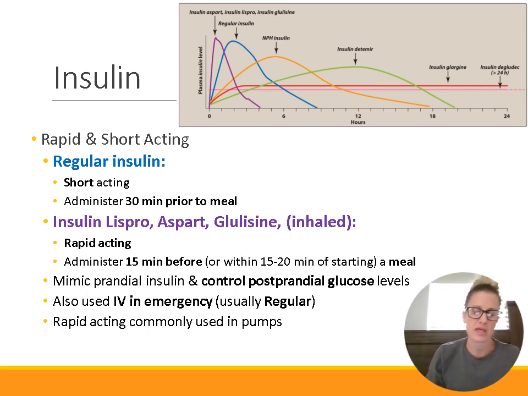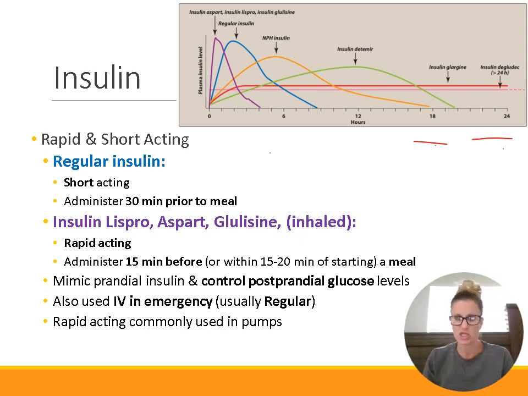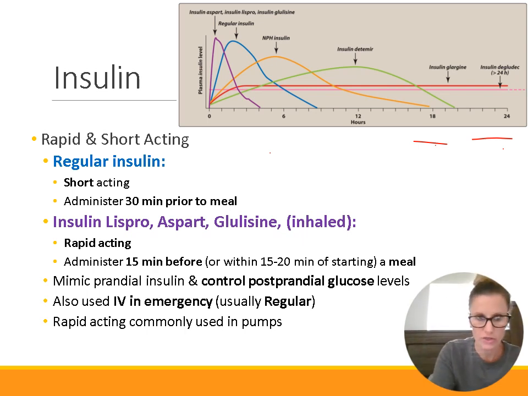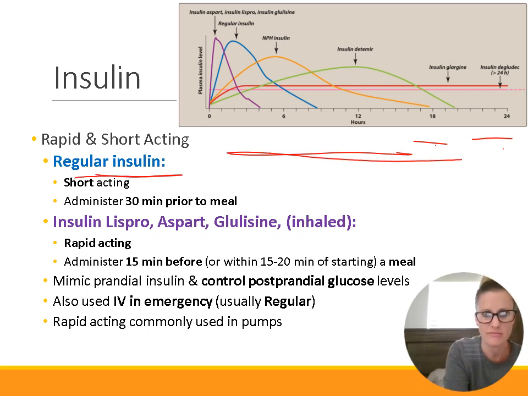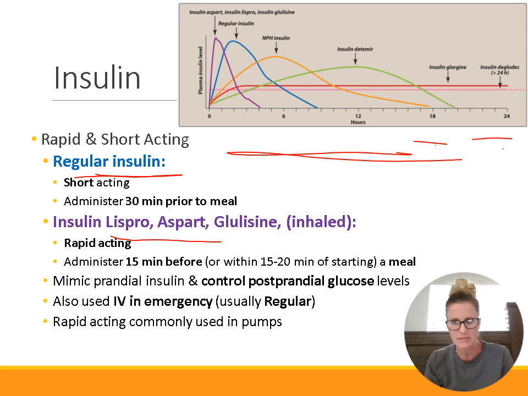This graph shows you the onset of action and duration of action of all of the different types of insulin. They're color coded, so the color that the insulin is in the graph is the color I've used on my slides.